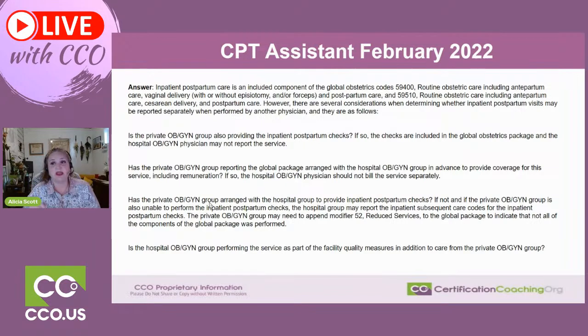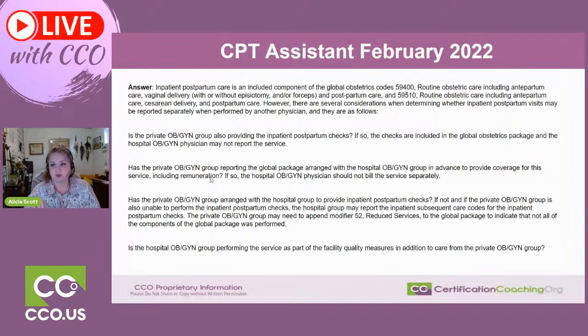Another scenario would be, has the private group arranged with a hospital group to provide inpatient postpartum checks? If not, and if the private OBGYN group is also unable to perform the inpatient checks, the hospital group can report the subsequent care codes for the inpatient postpartum checks, not when they leave the hospital.